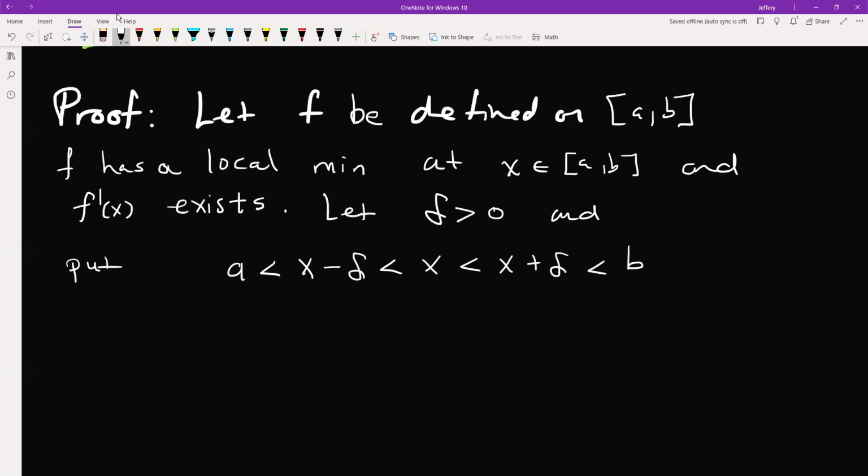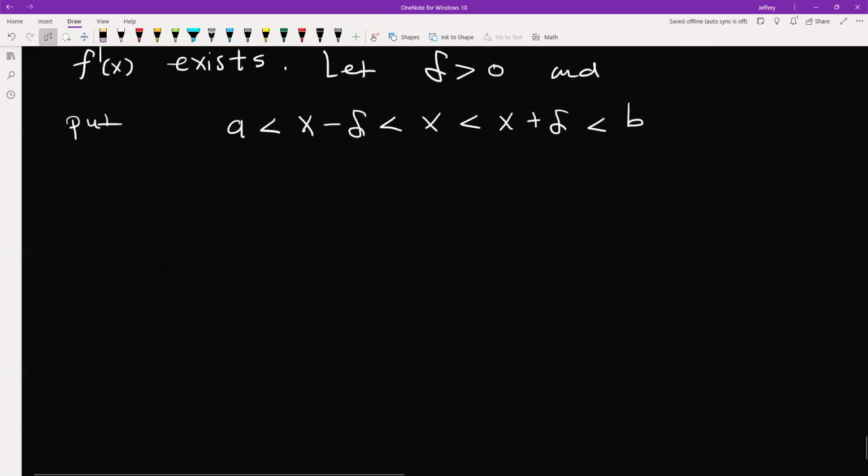Now we're going to say, suppose we've got a t in this little neighborhood between x minus delta and x. So t is greater than x minus delta and less than x.